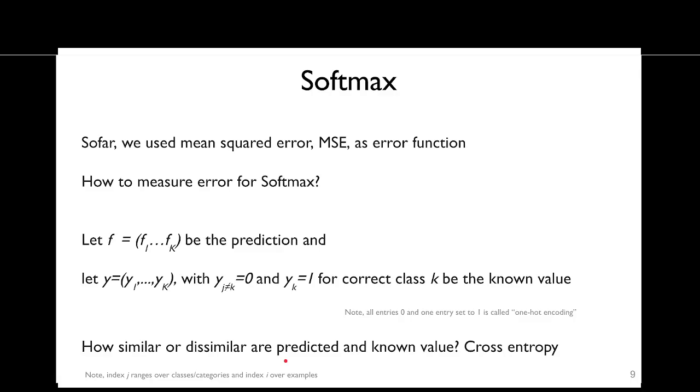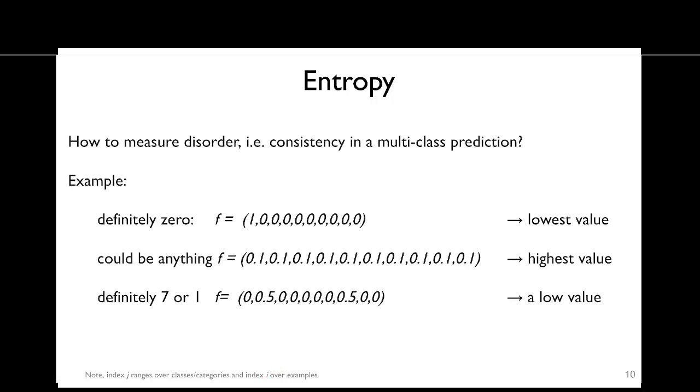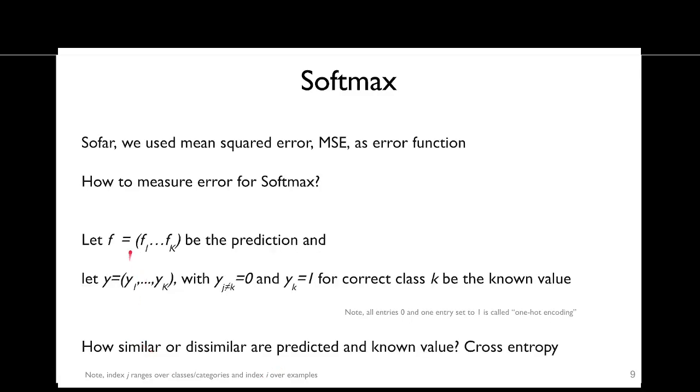Now, so far we used the mean squared error, but now we have a situation in which we have multiple classes, and we want to compare this vector of multiple classes f_1 to f_K, these probabilities, to the probabilities of the known labels. And first of all, how are these probabilities defined?